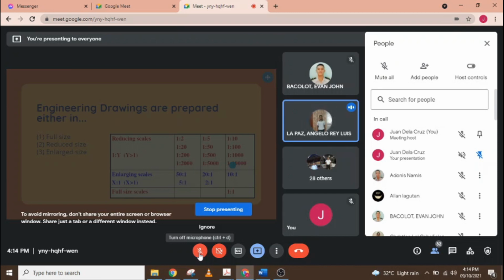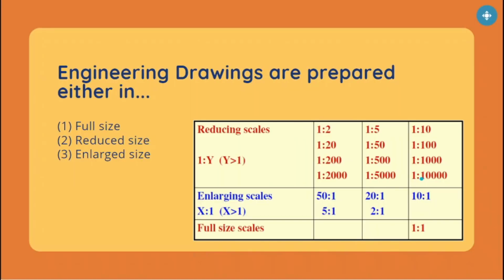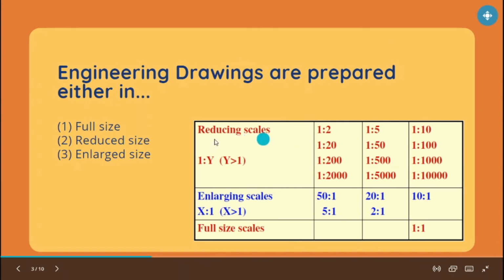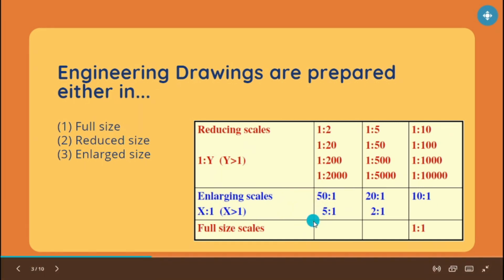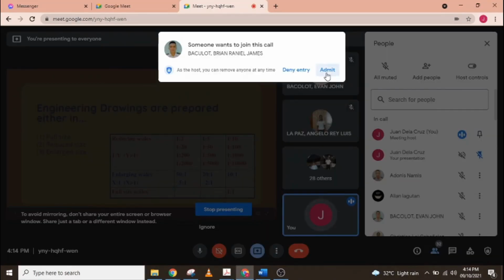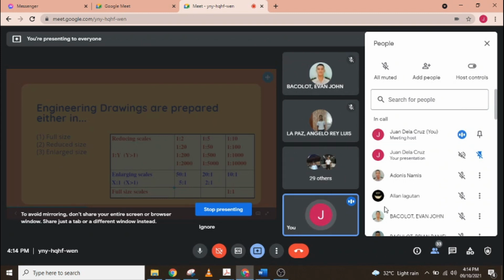If enlarging scales naman sir is mas malaki sa left side. Okay. So, sakto, no? Sabi ni Lapas class, kung reduce scale daw, mas malaki dito sa right side. Kapag enlarge scales naman, mas malaki dito sa left side. Okay? So, pwede yan na palatandaan natin. Ano pa class?